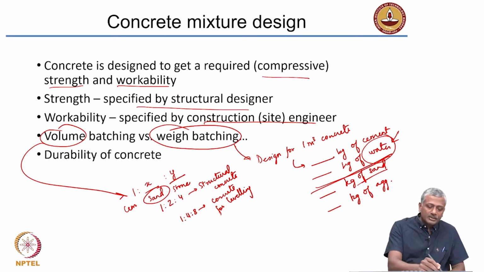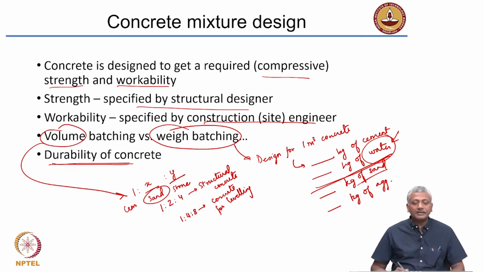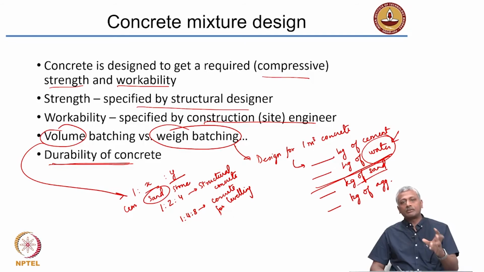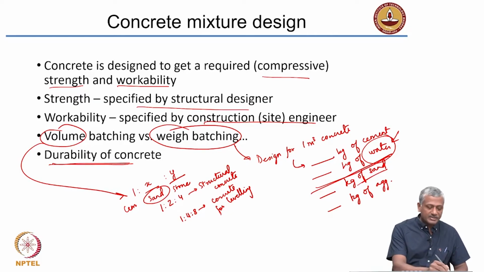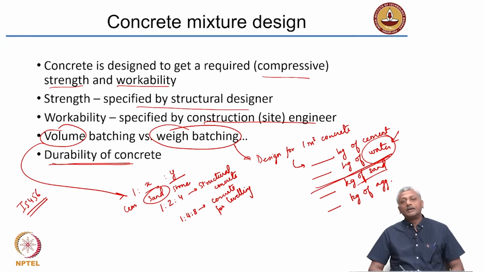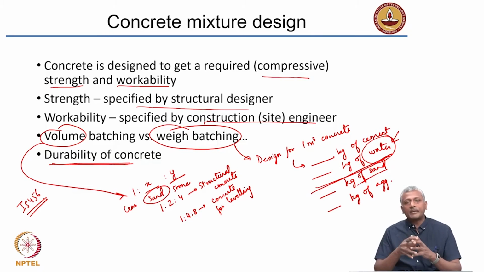Now, of course, I have not said something about durability here. I said that mostly we design the concrete for its workability and strength. But if you look at our design codes, IS 456, design code for plain and reinforced concrete, it tells you about the conditions of exposure of a concrete structure and the need to design concrete with a certain set of characteristics to match the requirements of durability in that exposure condition.